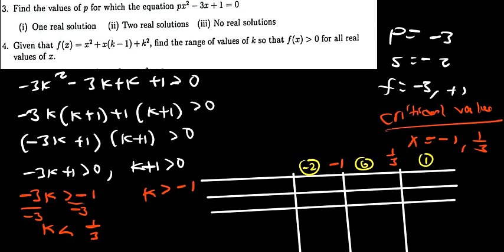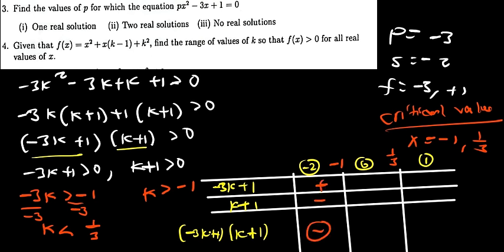Initially, before we found the answers, we had these factors: negative 3k plus 1, and k plus 1. So the overall will be negative 3k plus 1 times k plus 1. Negative 2 here is going to be positive, so I'll put positive here. Here is going to be negative, overall negative.